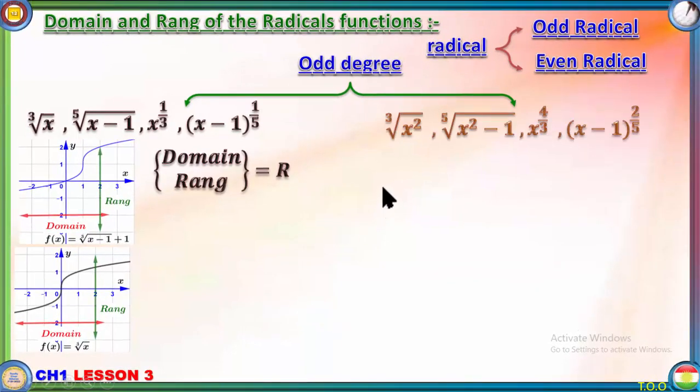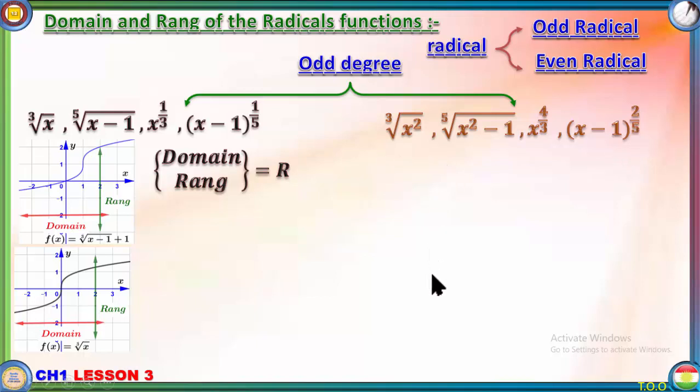The second type is when the degree of the root is even, such as the cube root of x squared and the fifth root of x squared minus 1, and x to the power 4 over 3 and x minus 1 to the power 2 over 3.